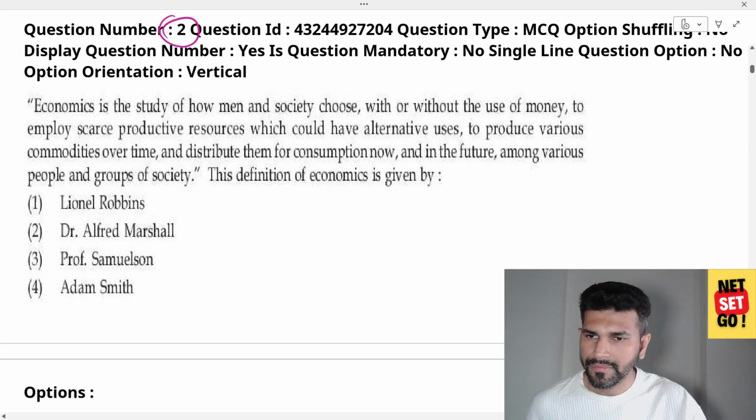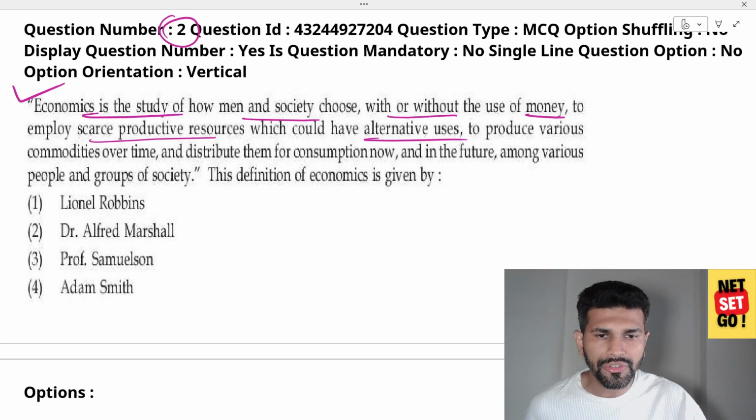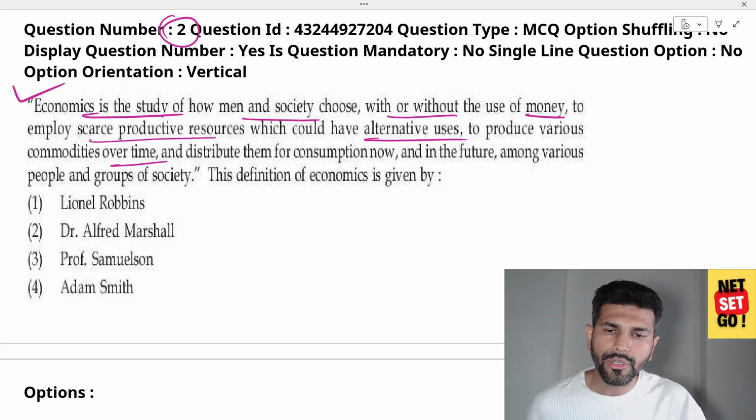Next, economics is the study of how man and society choose, with or without the use of money, to employ scarce productive resources which could have alternative uses to produce various commodities over time and distribute them for consumption now and in future among various people and groups of society.